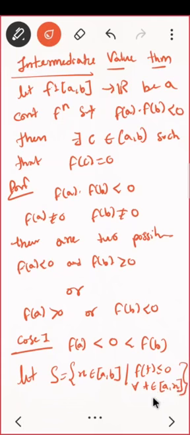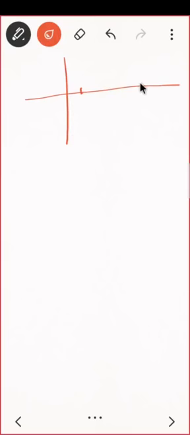What do you mean by this? Look at this set properly. Suppose your graph is something like this. I am taking f of a as negative, so how will my graph look? Say a is here, b is here, so your graph will be something like this.